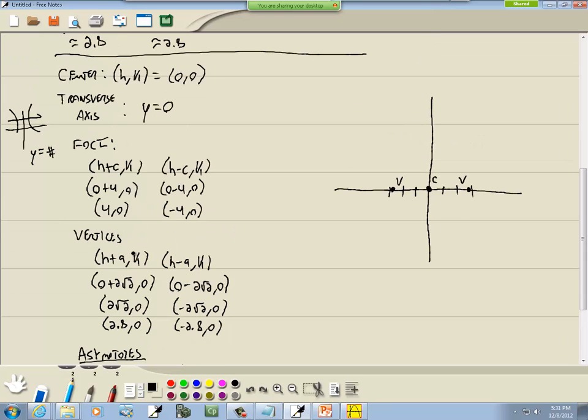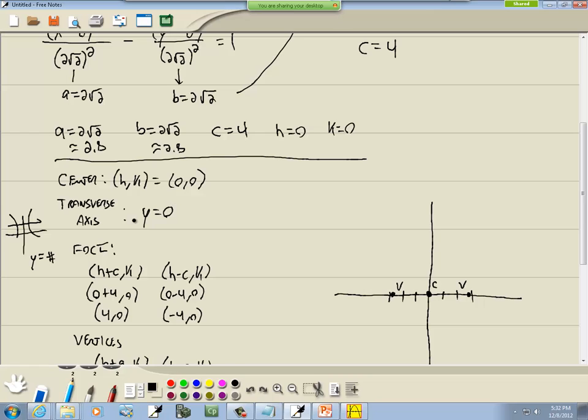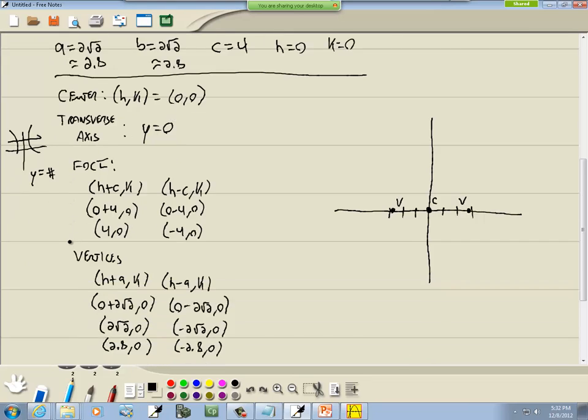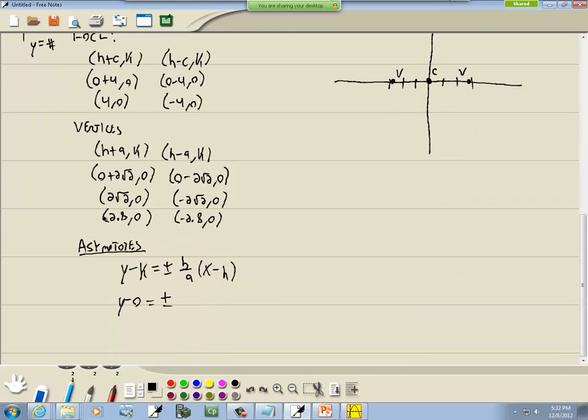What was b? b was 2 square root of 2, and a is 2 square root of 2, and x minus h, which is 0. This gives me 1, so this comes out really nice that way. It gives us y is equal to plus or minus x. So our asymptotes will have y is equal to x, and we'll have y is equal to negative x.